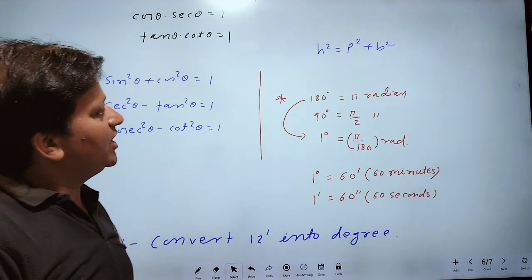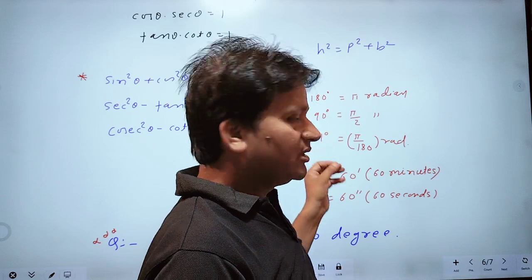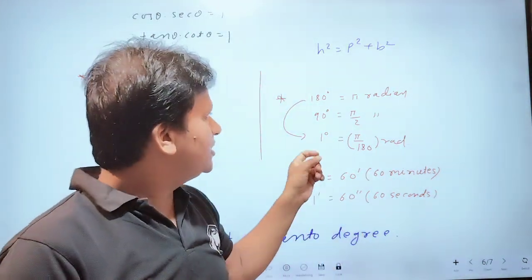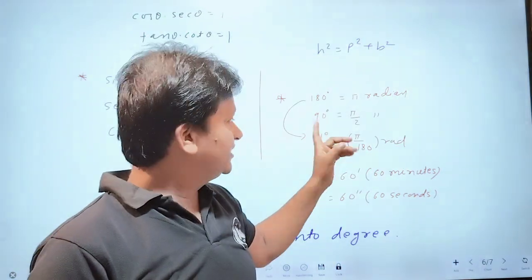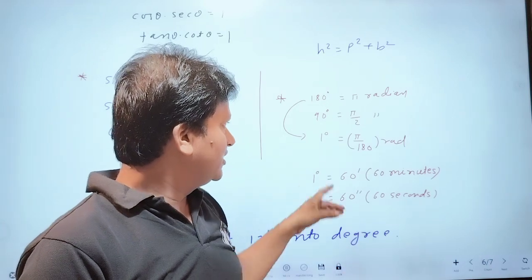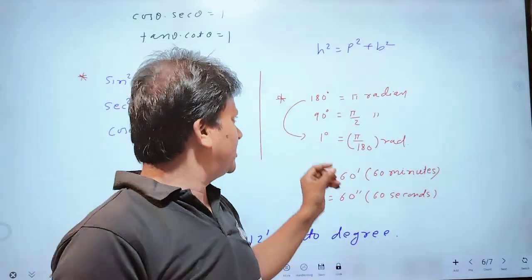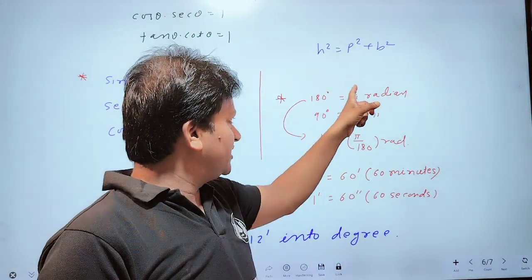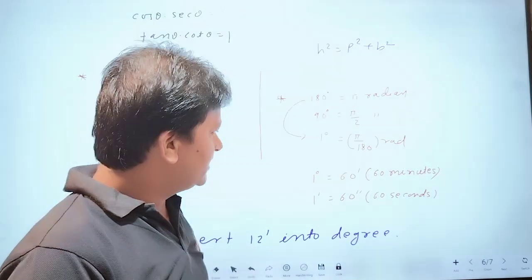Here 180 degree is equal to pi radian, 90 degree is equal to pi by 2. If you divide both sides by 2, then it will be 90 degree and pi by 2. According to the unitary method, 180 degree is equal to pi radian. Therefore, 1 degree is equal to pi by 180 radian.